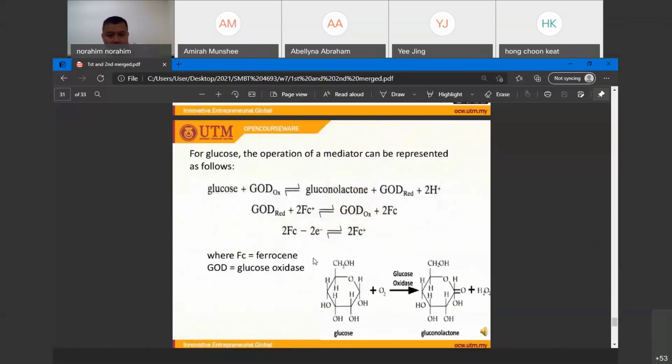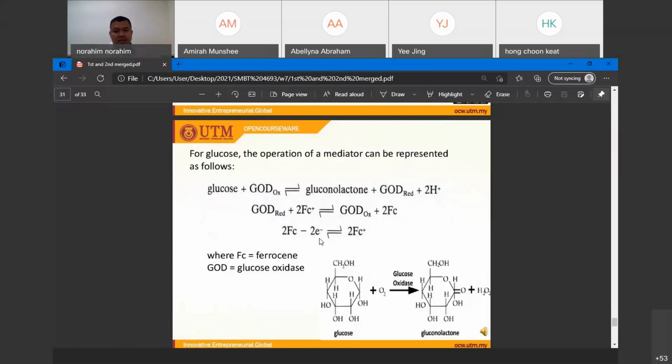So for glucose, the operation of the mediator can be represented as follows. You have the glucose interacting with your glucose oxidase, and then you're producing gluconolactone and protons. Your glucose oxidase then interacts with your ferrocene to produce the oxidized form of glucose oxidase, and then you get back your ferrocene.